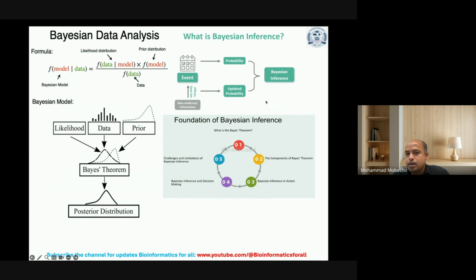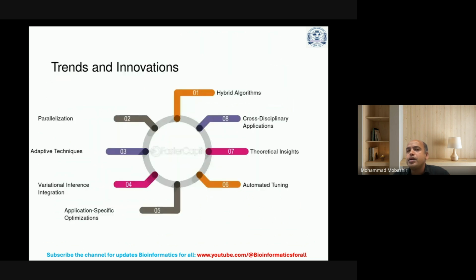Bayesian inference. What are the foundations of Bayesian inference? What do you mean by Bayesian theorem? The components of Bayesian theorem, Bayesian inference in action, Bayesian inference and decision process, then challenges and limitations of Bayesian inference. These five components or foundation parts, you must be aware of, and then come trends and innovation.